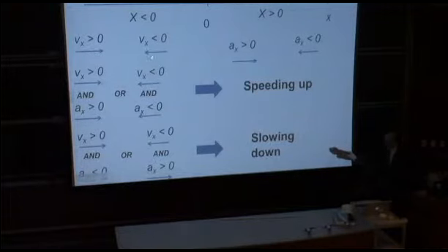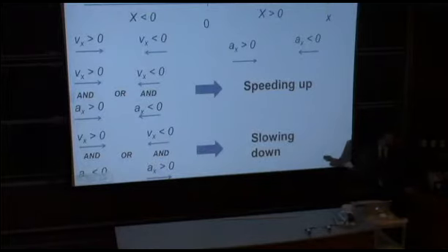If it's negative, it points to the left. If the x component of acceleration is positive, acceleration points to the right; negative, to the left. What does it mean? Well, we know that when velocity and acceleration are parallel, it doesn't matter if they're both positive or both negative, the object is speeding up. If they're anti-parallel, the object is slowing down.